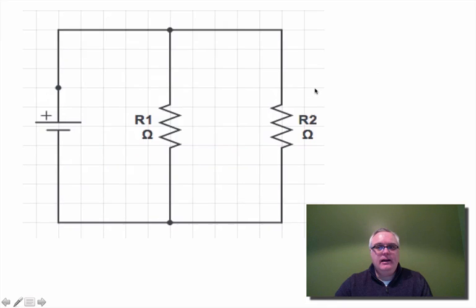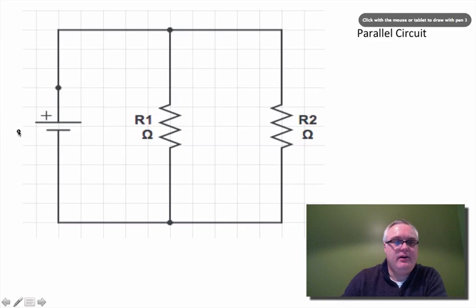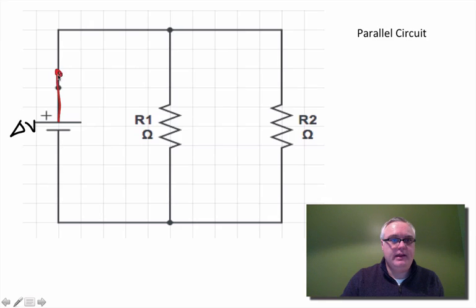In a different type of circuit, which we're going to call parallel, what we have is again our potential difference, our battery, creating an electrical current flowing in the circuit. So we have a total current coming through this circuit. However, when it gets to this point here, the current splits.